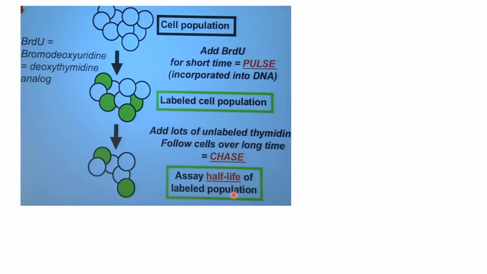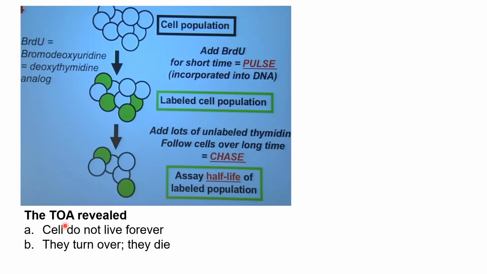It gave us very important findings. So the turnover or the pulse chase experiment revealed that cells do not live forever. They do turn over, which means they die. But this is a very interesting point, that they are replaced by new cells. They do die, they do not live forever, they turn over, but there is a replacement system.